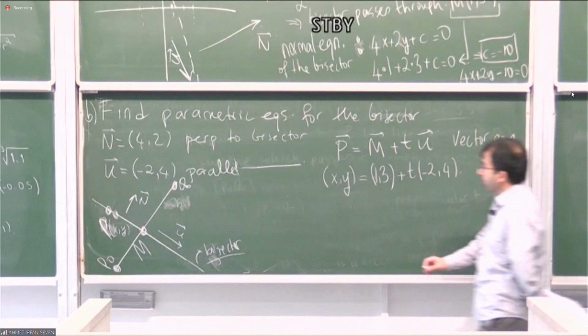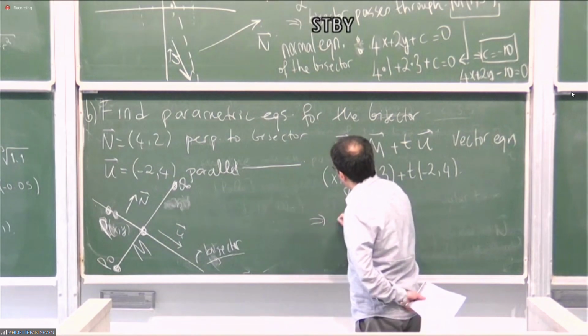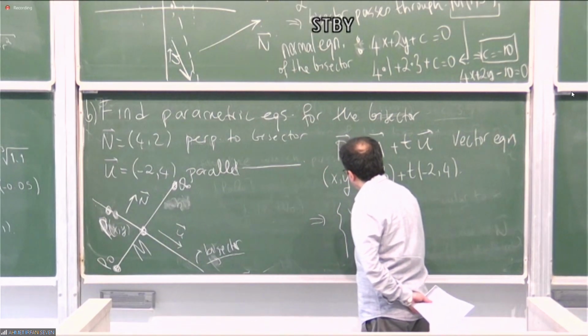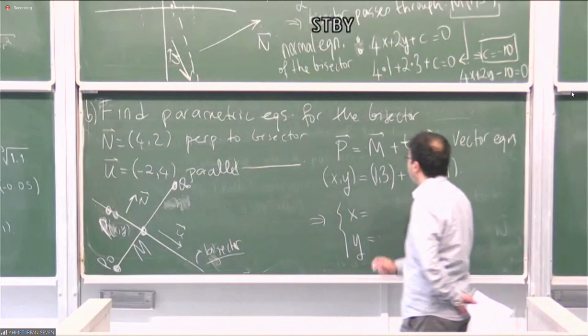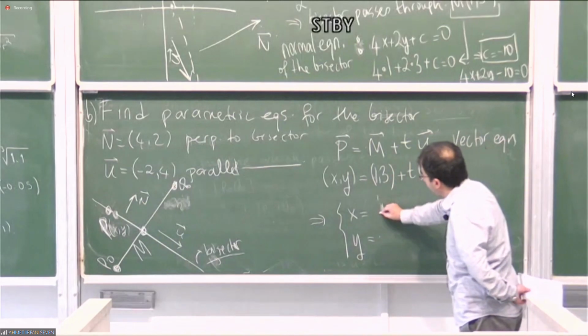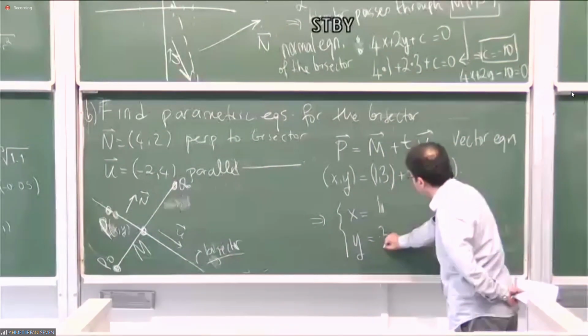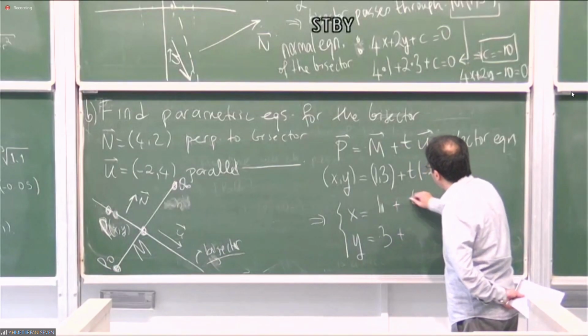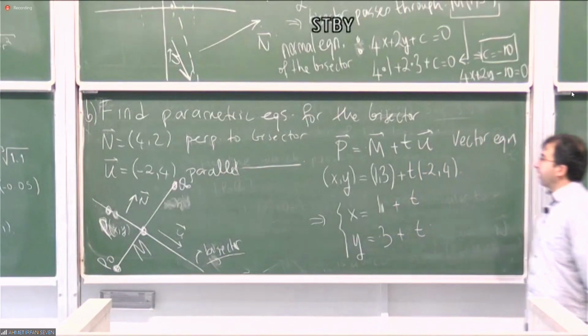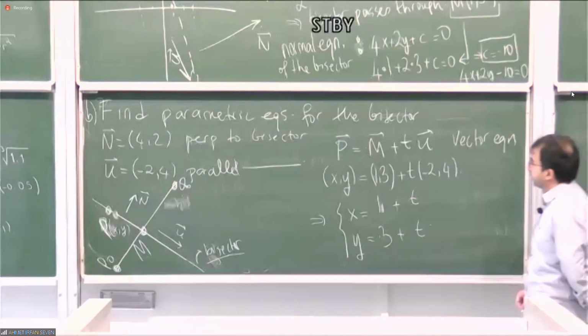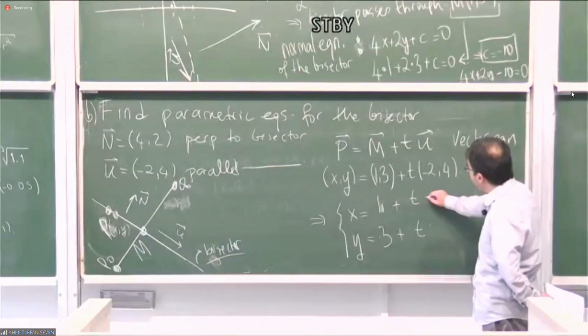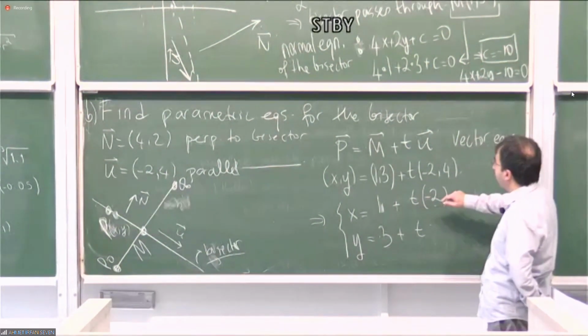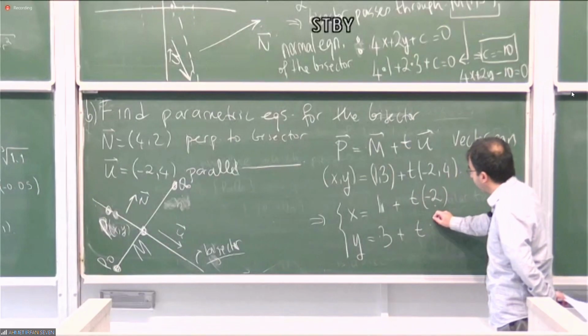And from here I'm going to write the parametric equation. So it will be x, y, and this passes through the point 1, 3, and then I'm going to have t times minus 2 here and 4t here.